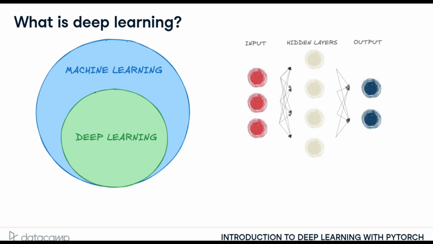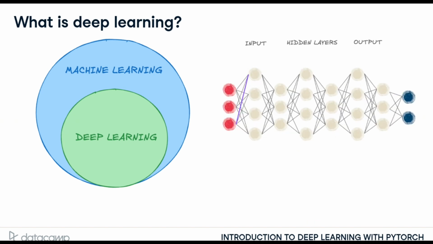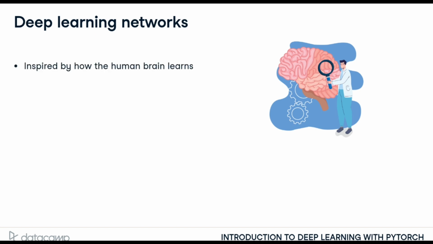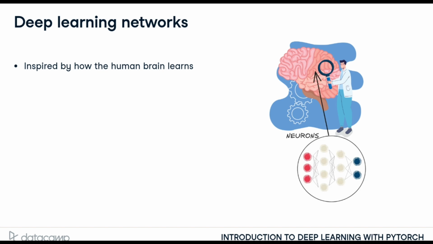A network can have one or many hidden layers. The original intuition behind deep learning was to create models inspired by how the human brain learns, through interconnected cells called neurons. This is why we continue to call deep learning models neural networks.